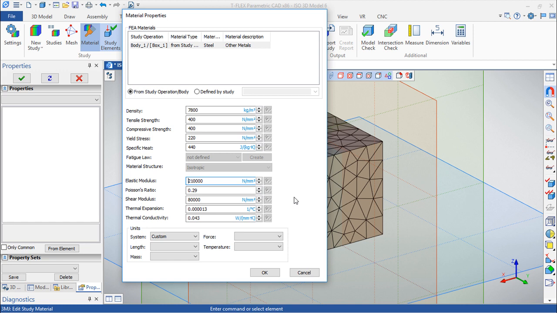That means that it recovers the shape after the stress is 0 again. After that point, we go into another area that is called the plastic area.